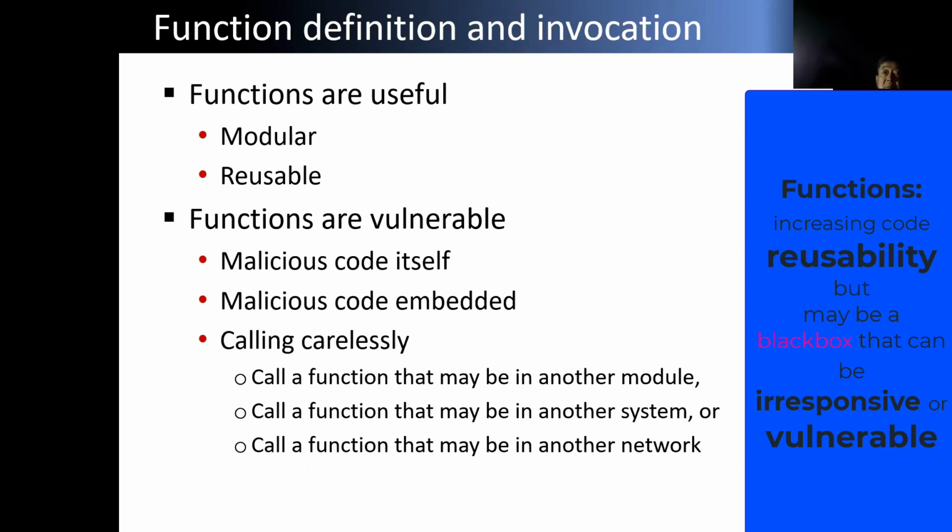Small segments of malicious code may be embedded in a function, and we will be able to see an example. Or the entire function may be malicious, so malicious code itself. So functions are malicious in this case, right? Maybe the entire code in a function, or maybe a small segment of the function, may be malicious.